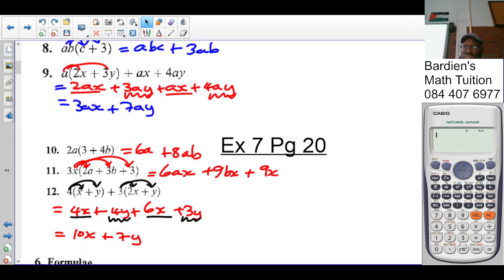So I gave you homework for Monday, no? That assignment must be handed in on Monday during the maths lesson. You see this mixed exercise on chapter 2, on page 22? You all see that?